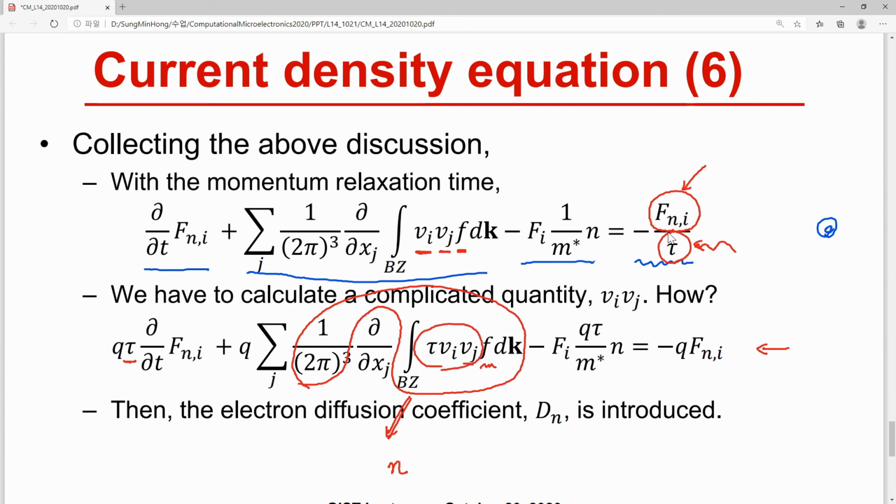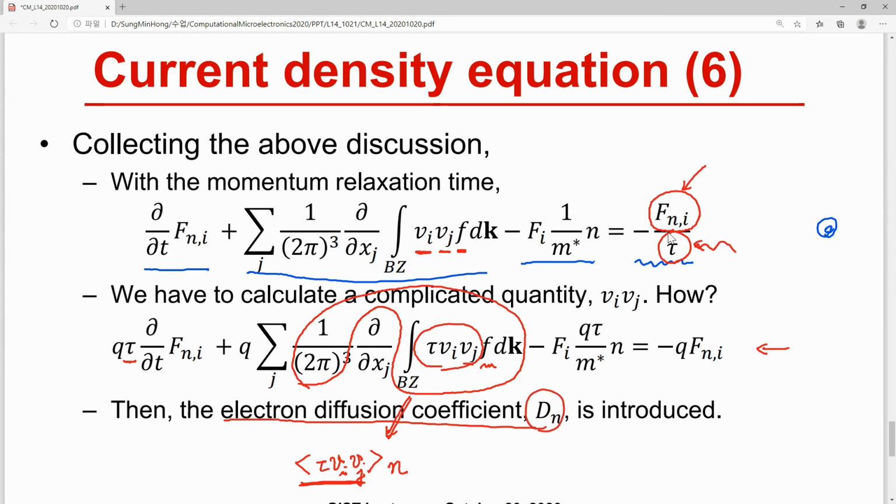So this average quantity corresponding to this one, the average quantity of this tau velocity, is just defined as, once again, the electron diffusion coefficient, d sub n. That is the trick.